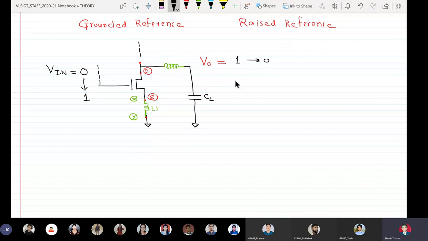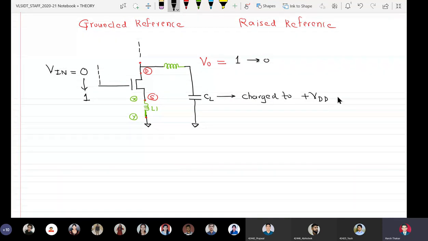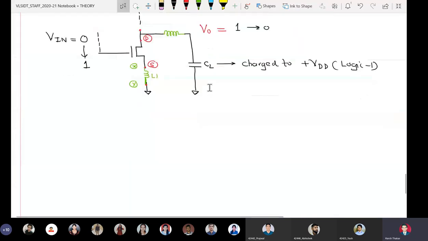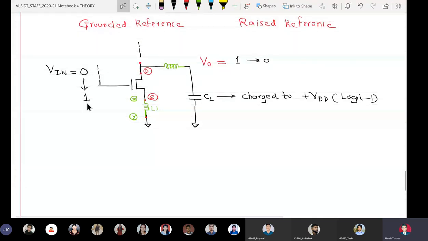Naturally this CL will be charged to plus VDD, that is logic 1. And when the Vin becomes equal to 1, at that time NMOS becomes on.